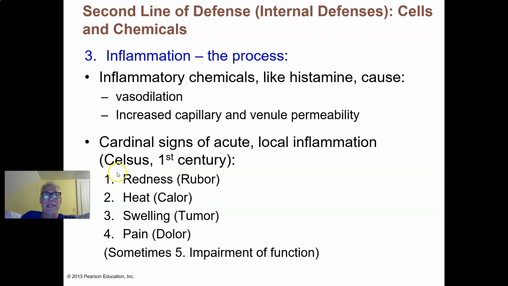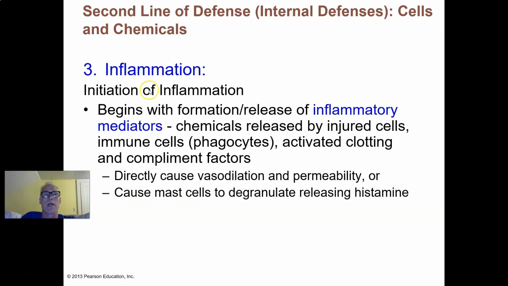And they produce these classically known cardinal signs of inflammation: redness, heat, swelling, and pain. And you've probably heard of those many times. We've talked about them before ourselves when we talked about the epidermis, for example. Even way back when we talked about the tissue types, we talked about those hallmarks of inflammation.